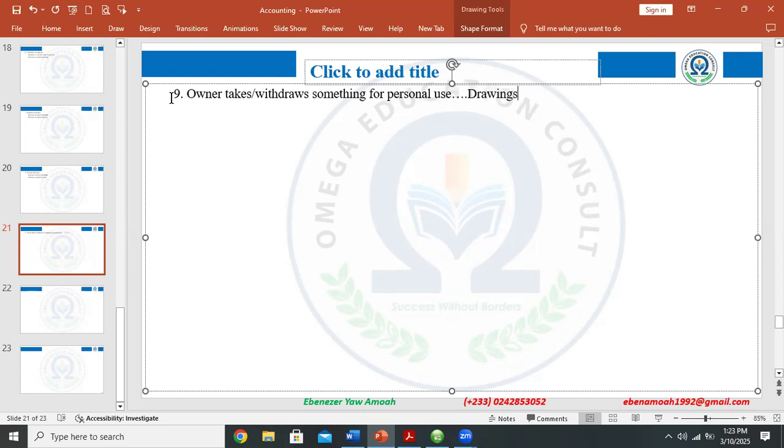So professors, note it somewhere. Drawings. So drawings refers to all the withdrawals the owner of a business has done from the business for his or her private use. So for example, if I have a bookshop and I enter the shop, I pick money from the safe, as in how much books have been sold in a day, and I take it home, I give it to my children to use it for their school fees.